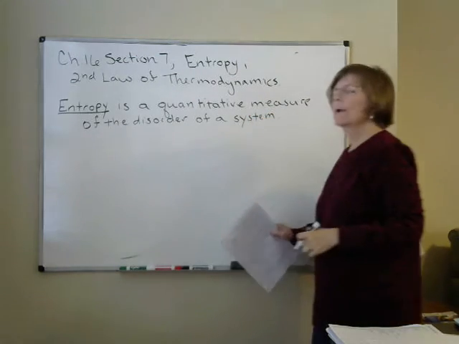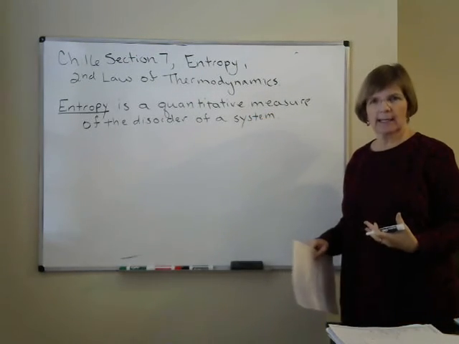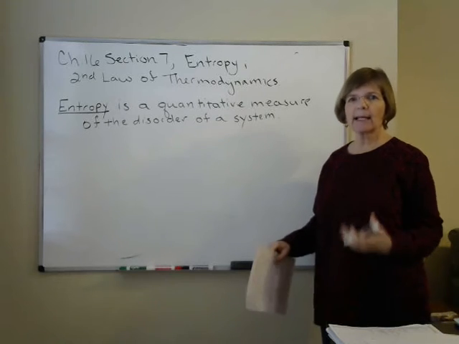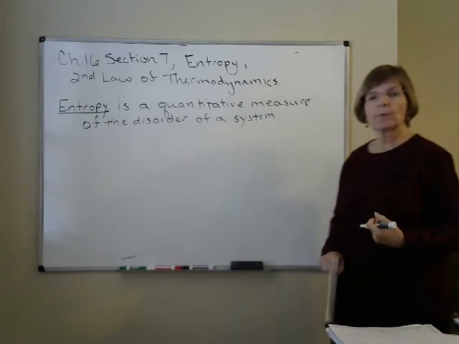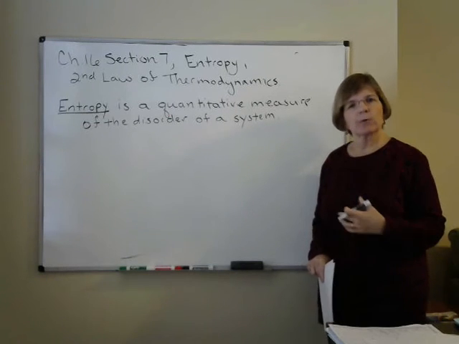Now, we are not going to worry about how I calculate entropy. We just need to know that we can calculate it, and it can have a number assigned to it. But generally, we're pretty good at figuring out which system is more disordered than the other.